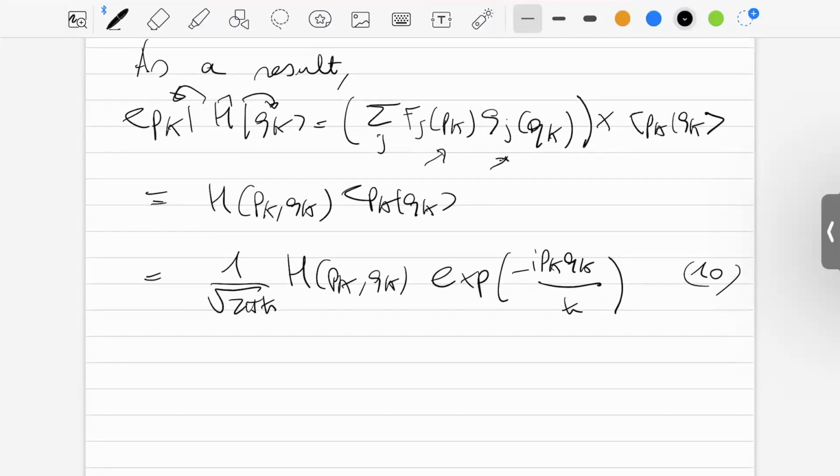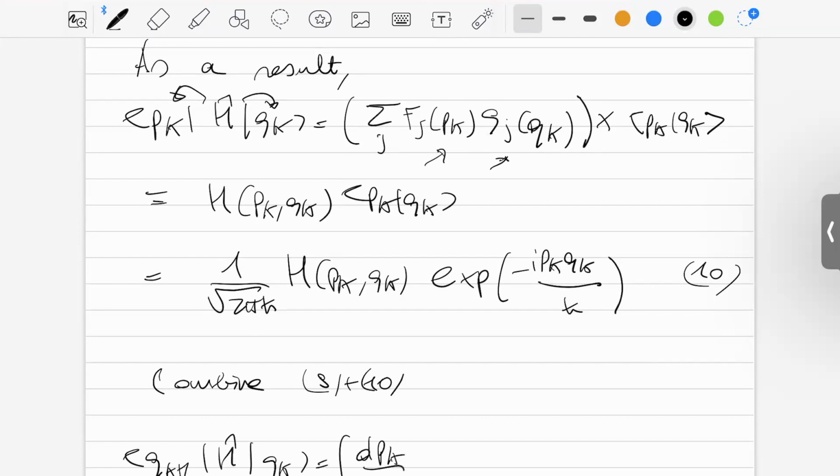So now if we combine equation 9 and equation 10, then we arrive at Q of k plus 1 H Qk.